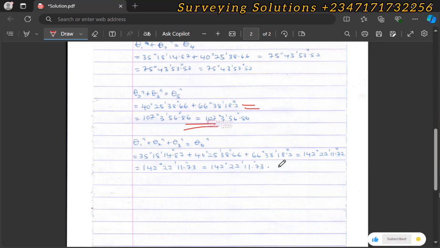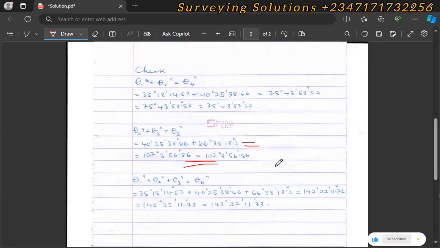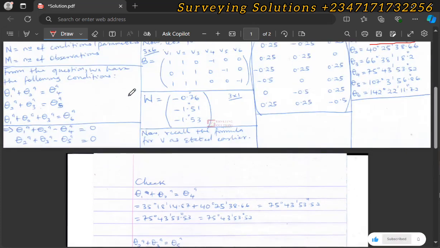Good. So this gives us a check that the adjusted angles are now adding up. So if you still want to go further by taking the right hand side to join the left hand side so that you now have equal to 0, you can still do that to see if you are going to have 0.